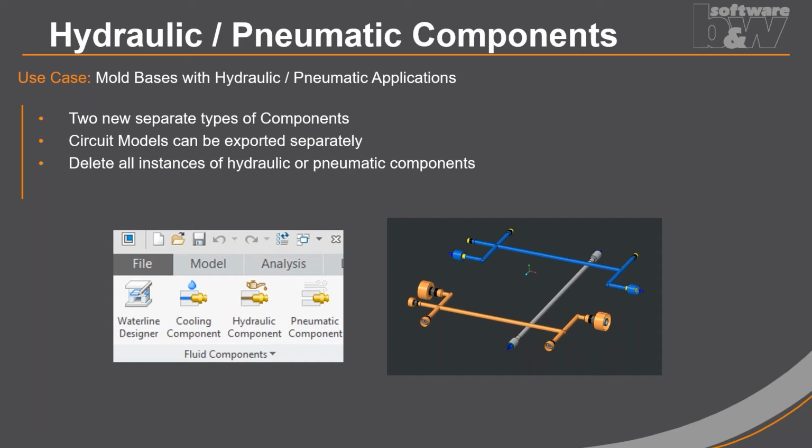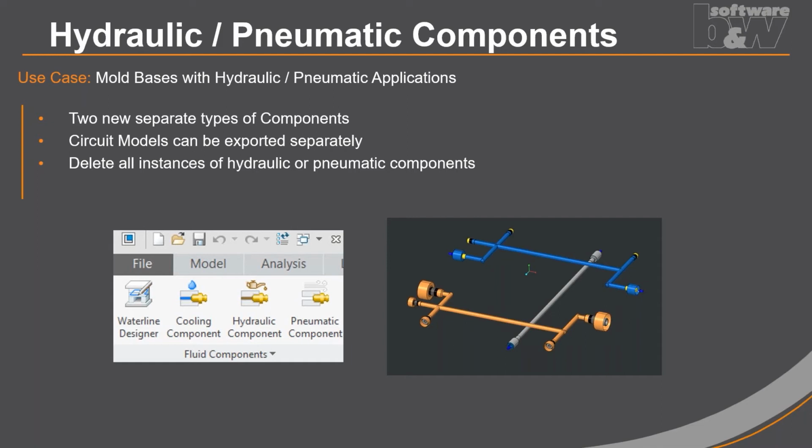So in the past, a couple of customers simply added hydraulic and pneumatic components to their custom cooling components folder, and then they simply created an additional cooling circuit with hydraulic components. But there are a couple of problems in case you want to use the functionality where you can clean up an existing mold base.